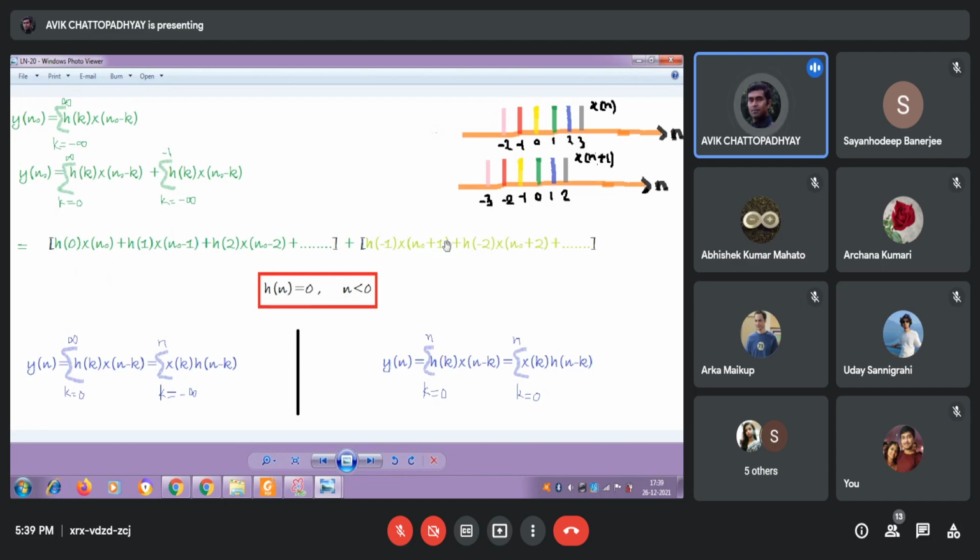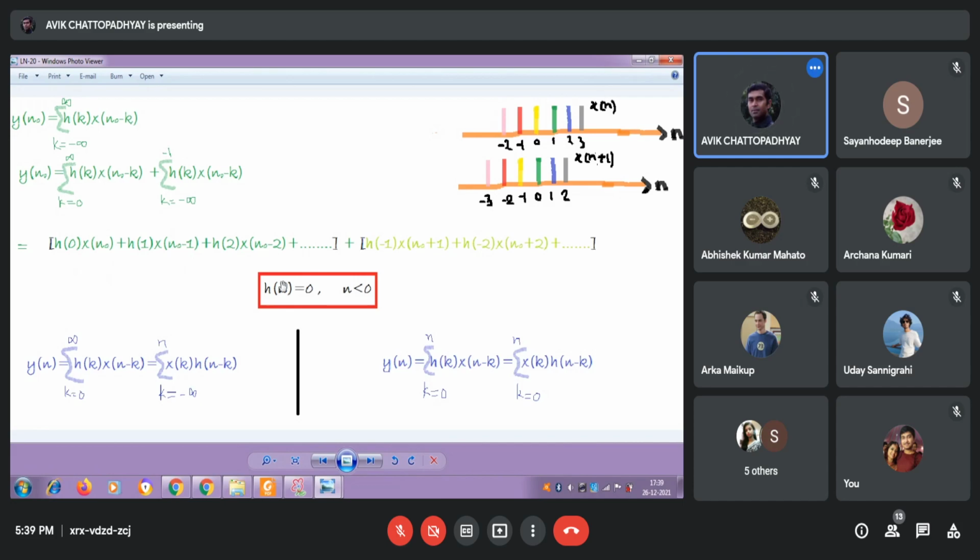Now the point is, if the output at time n equals n0 is to depend only on the present and the past inputs, then clearly the h[n] of the system must satisfy this condition.